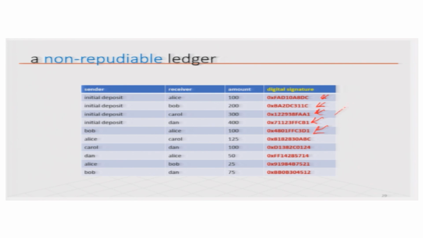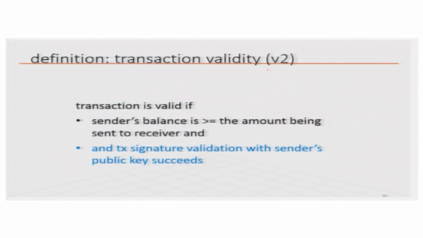So, we have to also add the digital signature as part of the transaction information. So, now we have the transaction validity redefined, or extended the definition. Not only should the balance of the sender be greater than the amount, the transaction signature validation must also succeed. So, the sender's public key should be used to validate the signature and it should succeed.